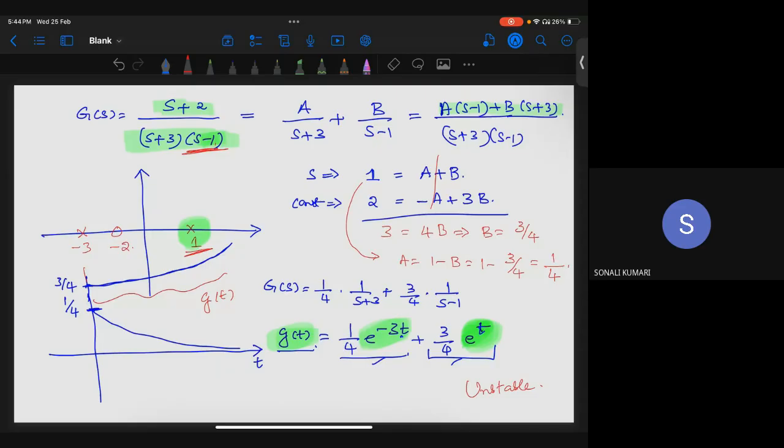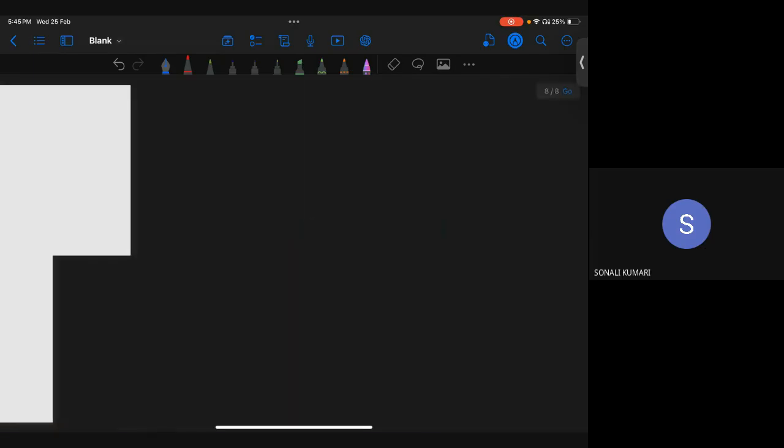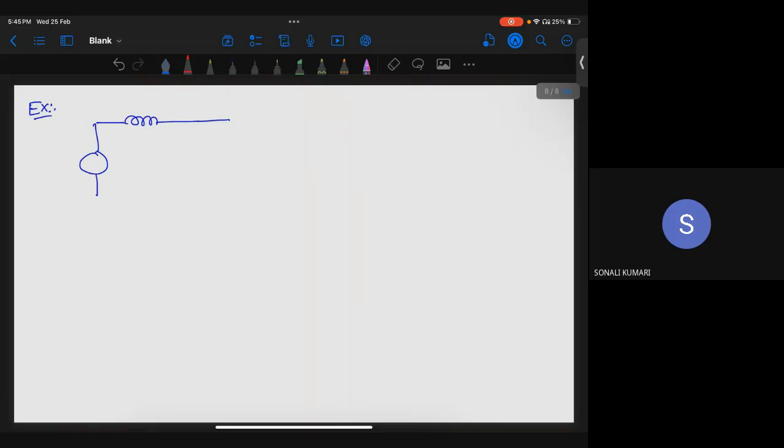Even if one pole is on the right side, the system becomes unstable, because it will restrict the system from going to 0. So you can decide just by seeing the poles, not by seeing the zeros. Okay, now let us see this example quickly.